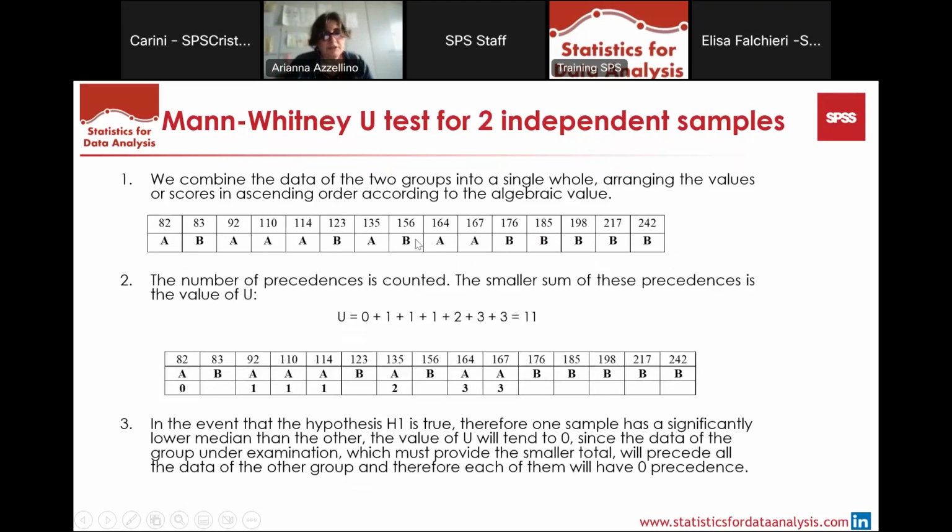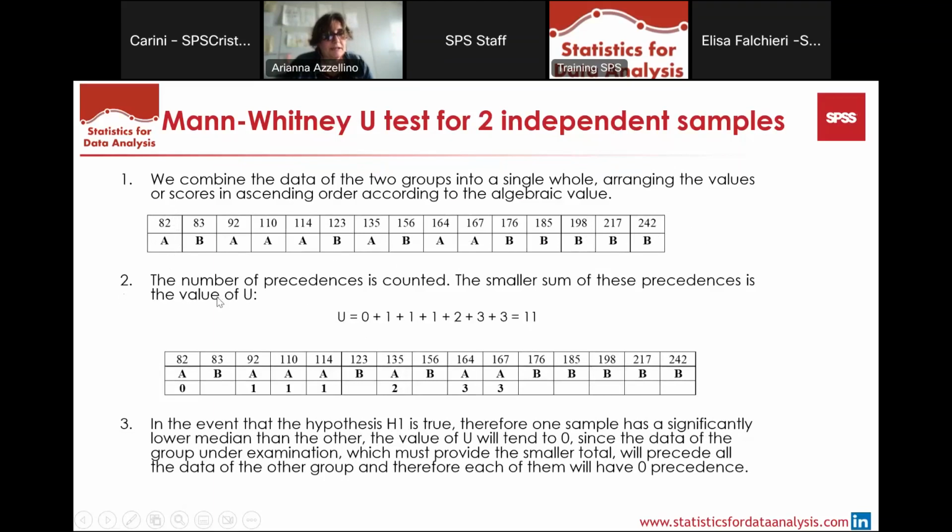And here you can see the results of the sorting. So the minimum value of the data series is 82 and the maximum is 242. But in the second row of this small table, we still have the provenance of that number. So 82 was a number of group A.